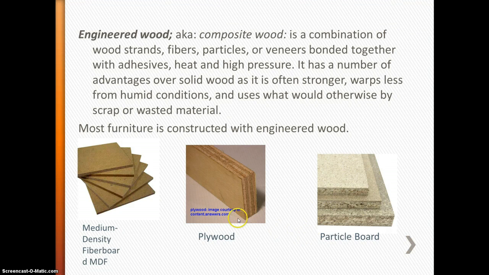And as you can see, this is a really good visual explanation. You see all these little sections that look like little wafer cookies. Quite literally, these boards are constructed at 90-degree angles to each other, so they don't get that warping or movement across. So this engineered wood is a lot stronger than solid. That's why we use it in the understructure of furniture. Thank you.